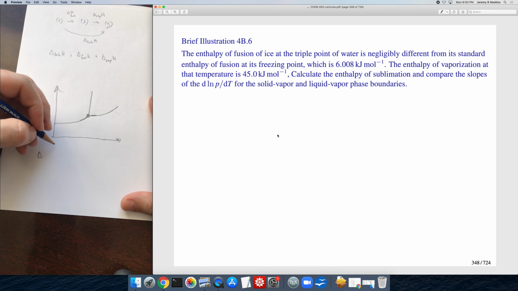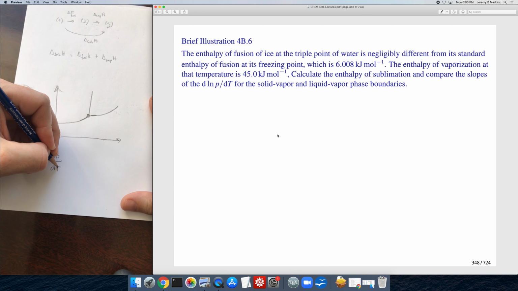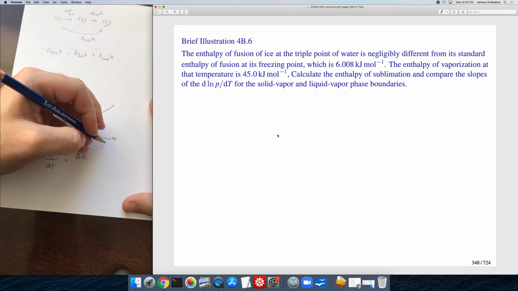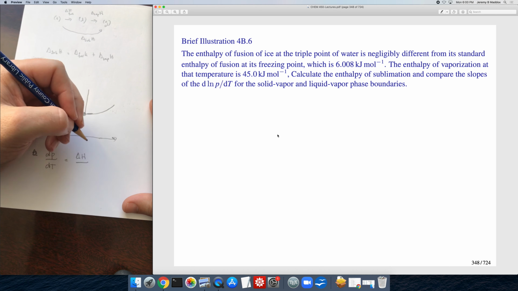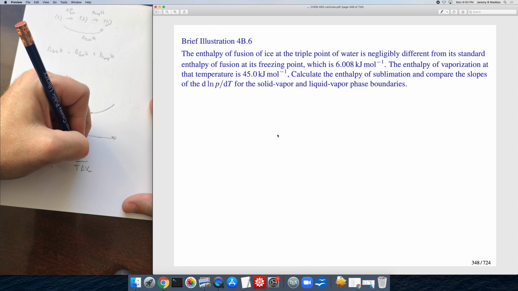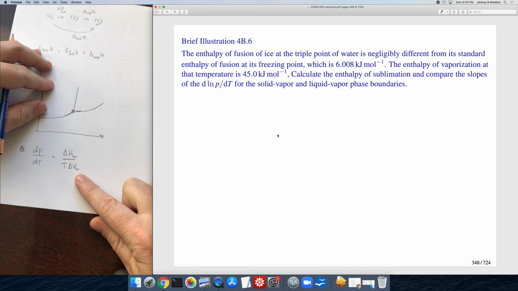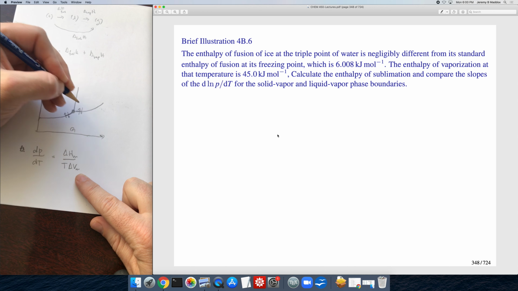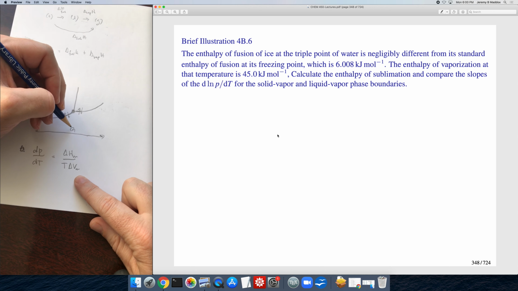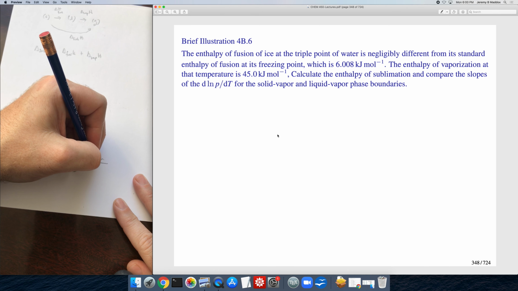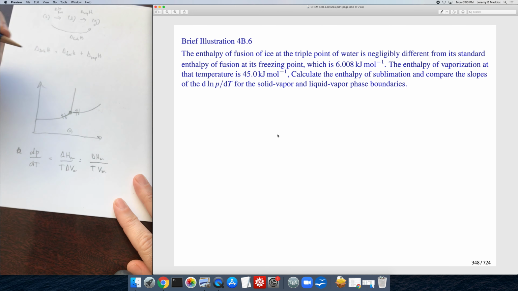You have that dP/dT is going to be equal to delta H over, we can write it as T delta V. And then as we've been discussing, when you've got a gas that's involved, this delta V is dominated by the gas's molar volume. So this would be delta H m over T Vm for the gas.